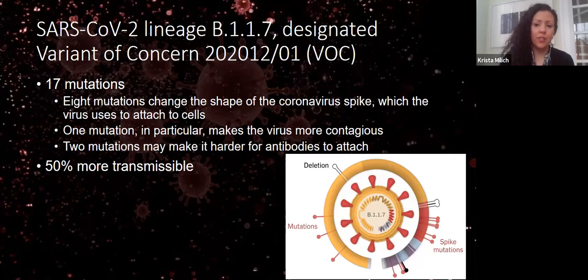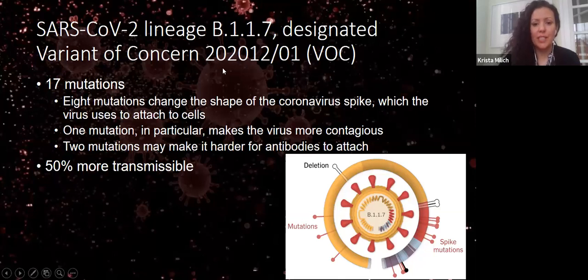So this is one of several new variants of concern. Again, this is the one that was detected earliest, in December of last year. So you can see here, it's SARS-CoV-2 lineage B117, but it's also called variant of concern 2020-1201. And you'll notice on some of the other variants of concern, this is referencing the dates, right?